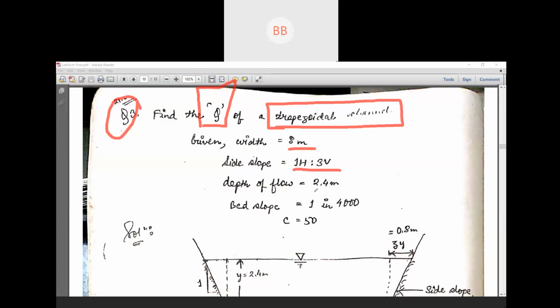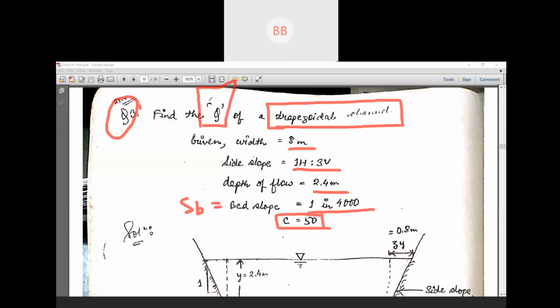Depth of flow is given 2.4 meter, and the bed slope, that is your SB, is given 1 in 4000, and Chezy's constant is given as 50.